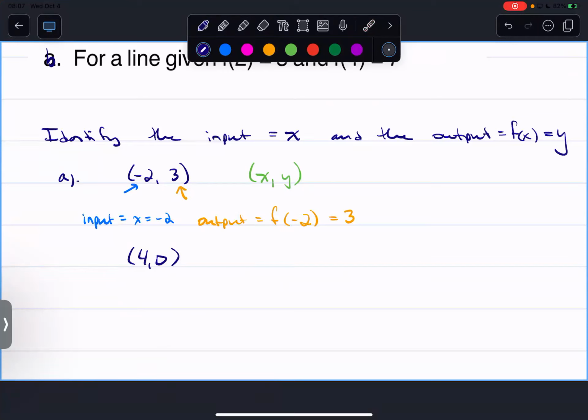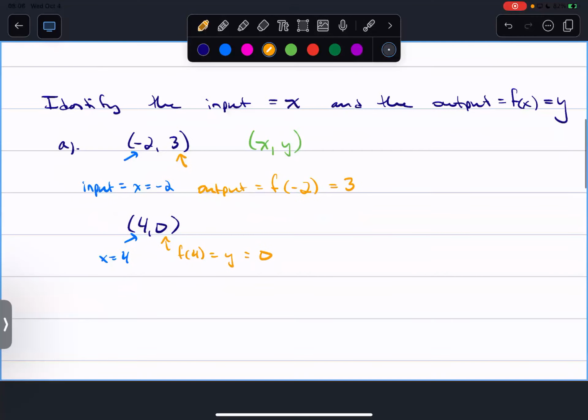4-0. I guess time will tell. Input is 4. X equals 4. And whether you want to do f of 4 or y is equal to 0, they're equivalent. Right? So we've got the input, we've got the output. As a fact, to figure out an entire line, whether it be the equation or drawing it, you only need 2 points. Okay?